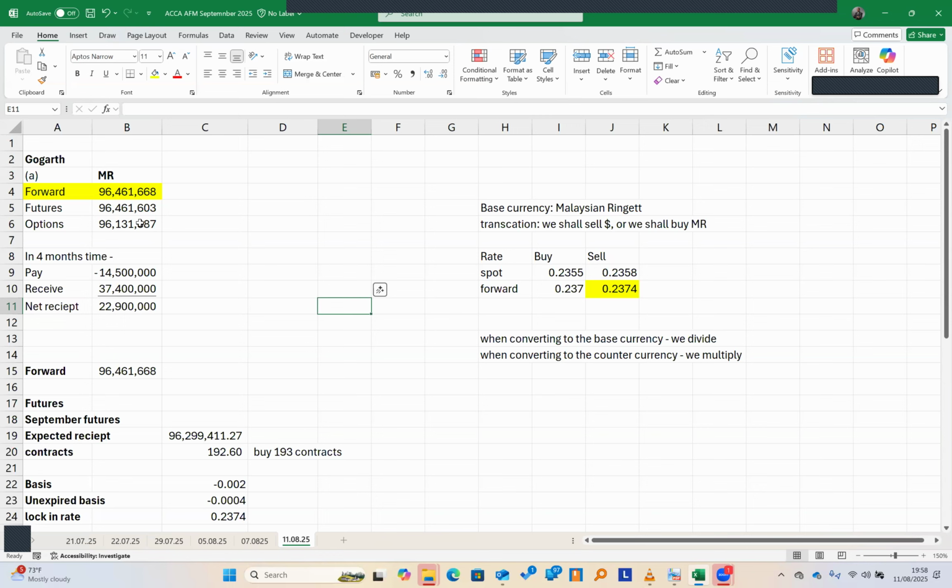So how do you advise? So how you advise basically is going to be based on the fact that given that the forward rate gives us a higher receipt than the futures and the options, then that should be the one that we take.